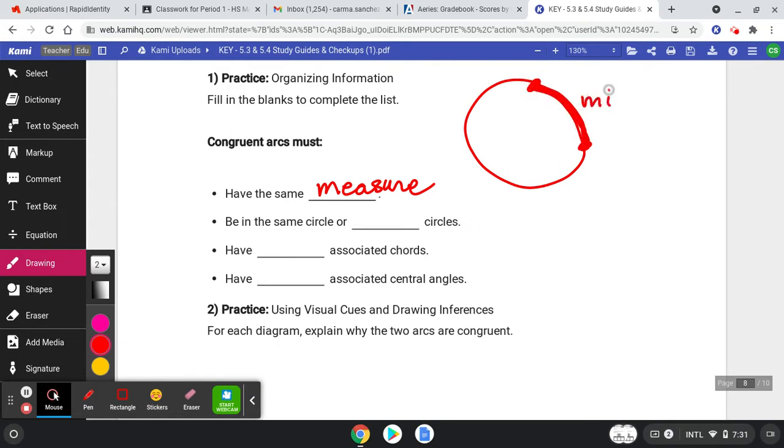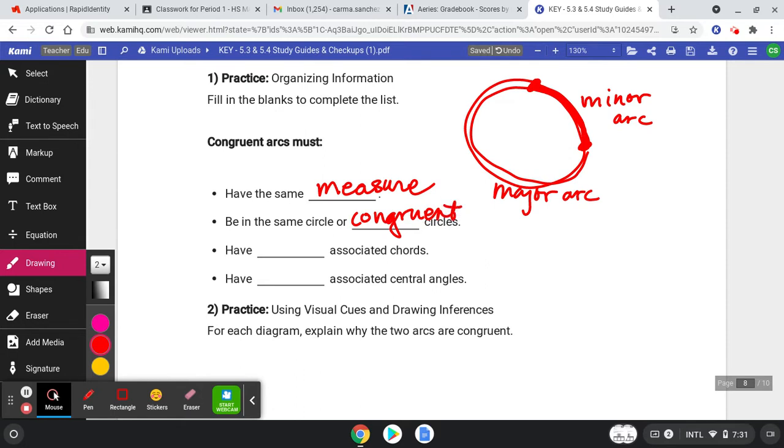We have minor arcs, and we have this bigger major arc. Minor arcs are less than 180, major arcs are greater than 180. So congruent arcs must have the same measure. They must be in the same circle or congruent circles.